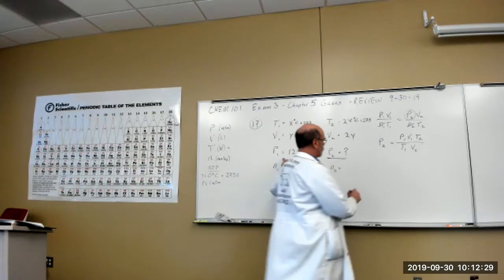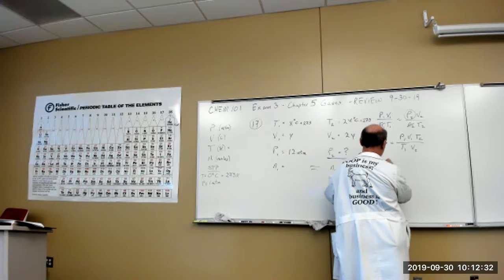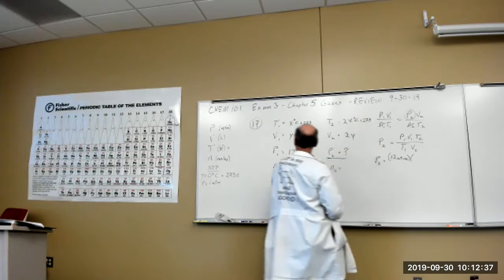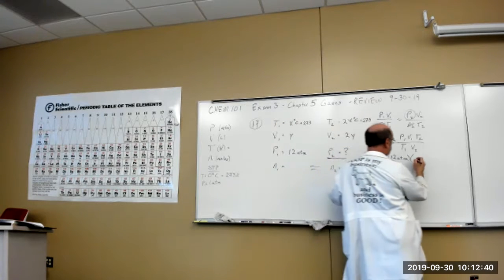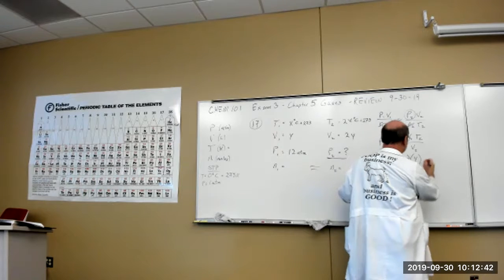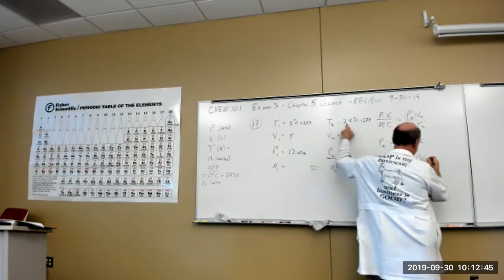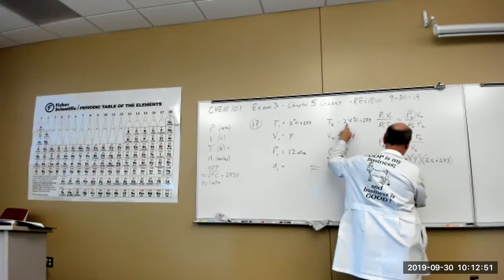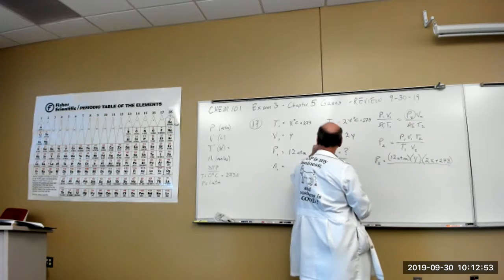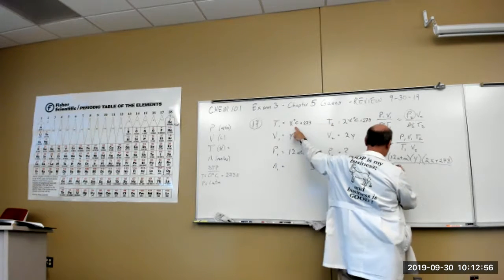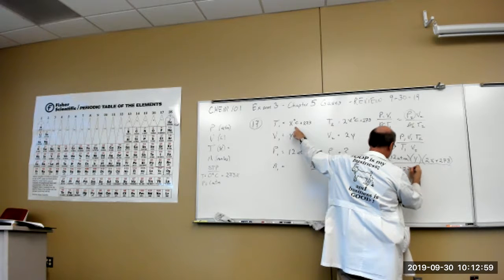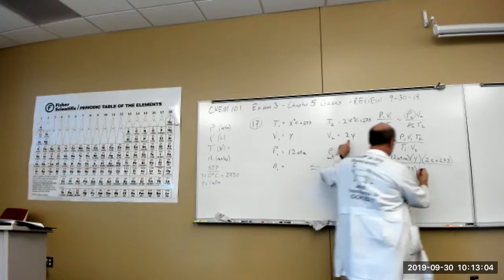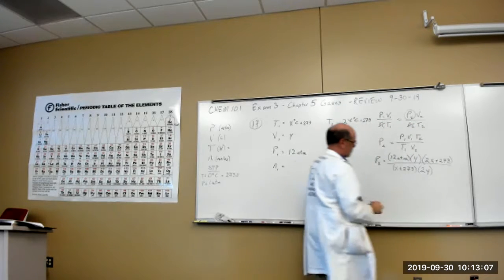We've said P1 is 12 atmospheres. What's V1? V1, we gave it a Y. What's T2? It's 2x plus 273. And what's T1? It's x plus 273. And then V2 is 2y. There we go.